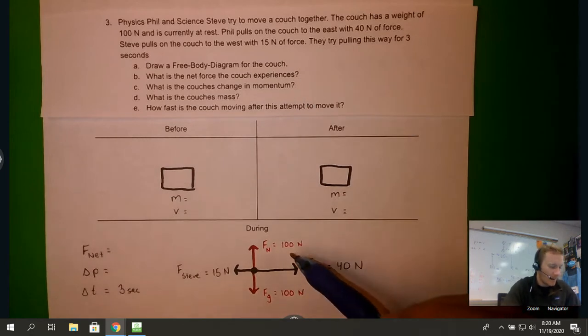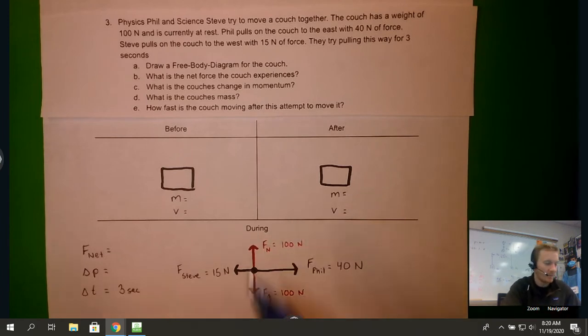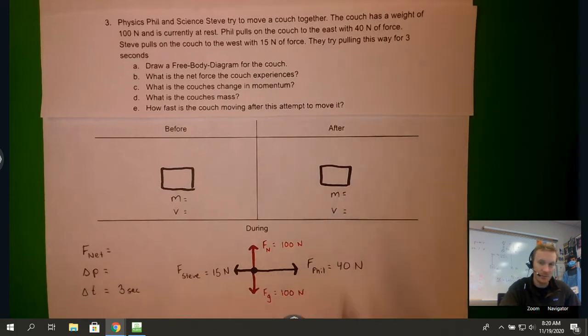So I've gone ahead and filled in everything that I know about this interaction. I know that we can model the couch's motion before, we can model its motion afterwards, and thanks to forces, we can model what's happening during that interaction. Remember, an interaction is any type of contact between two or more bodies.